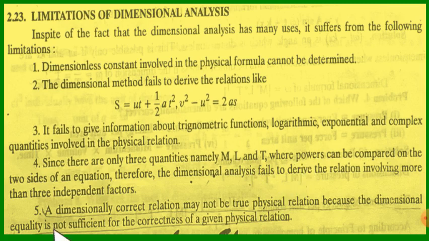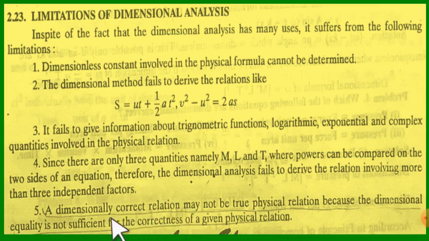The last one is what? A dimensionally correct relation may not be a true physical relation, as I said in the beginning, because the dimensional equality is not sufficient for the correctness of a given physical relation. For those involving constants and trigonometric functions, we can't say anything about it.